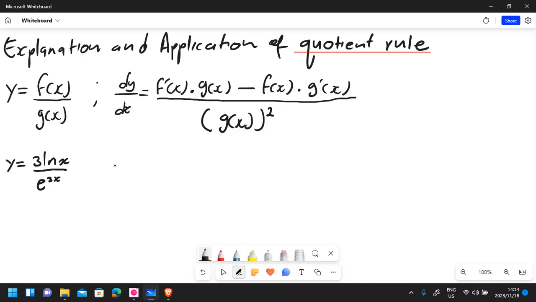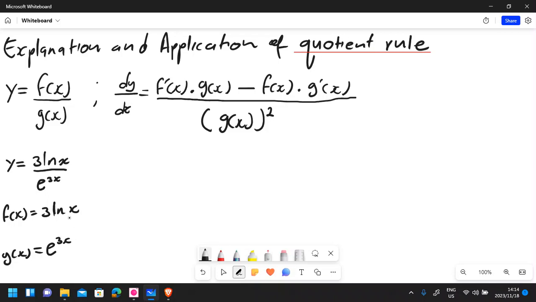Okay, I think this is fair enough. As you can see guys, here you have your f of x. Your f of x, which is the numerator, is going to be 3 natural log x. Remember that. And then your g of x in this case is the one on the denominator, which is going to be equal to e to the power of 3x.